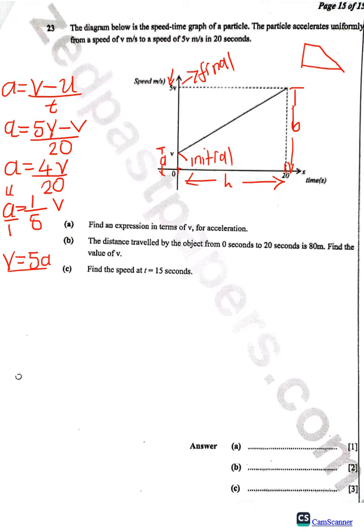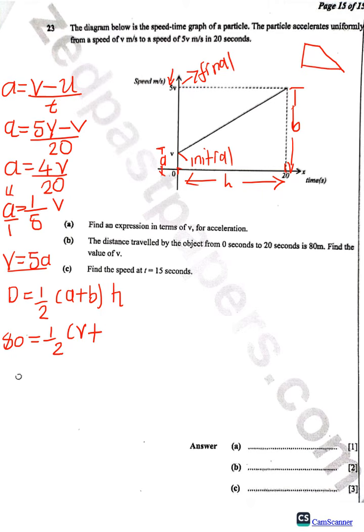Now the distance for a trapezium is, distance is equal to half times a plus b, multiplied by the height. So the distance is 80, half. The value of a, from here to here, is v.